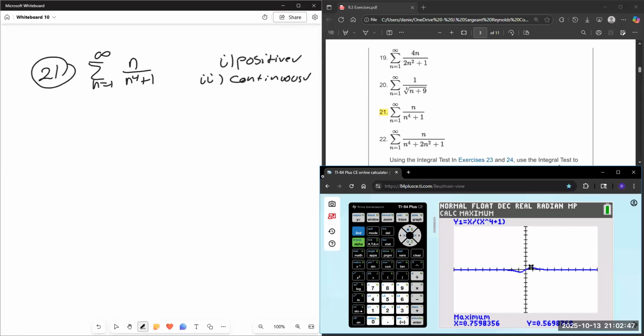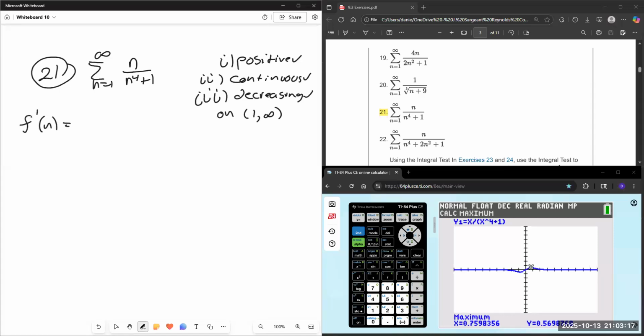So 1 is bigger than that, so it's going to be decreasing: positive, continuous, and decreasing on 1 to infinity. Let's go ahead and see if I can establish that it's decreasing for you, though. I think positive and continuous are pretty straightforward.